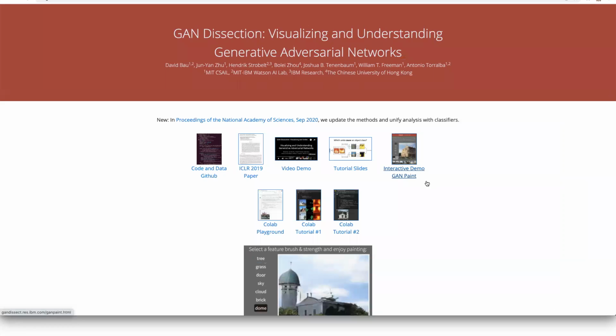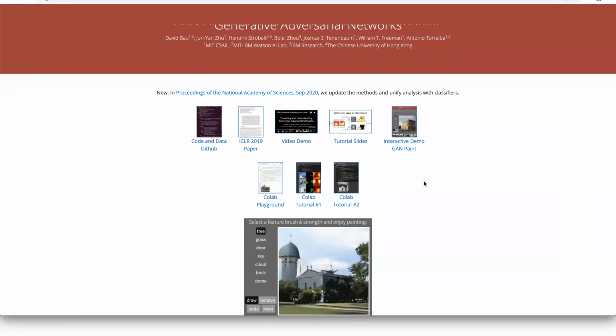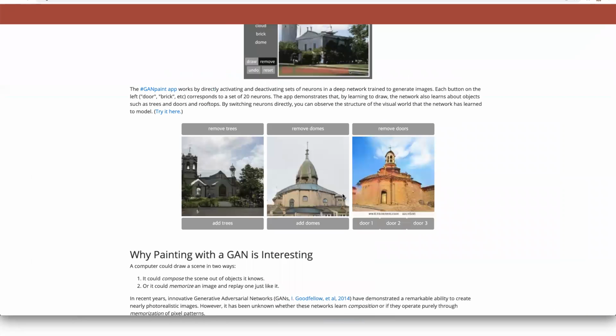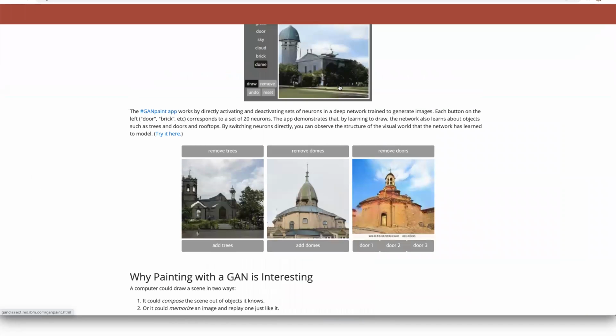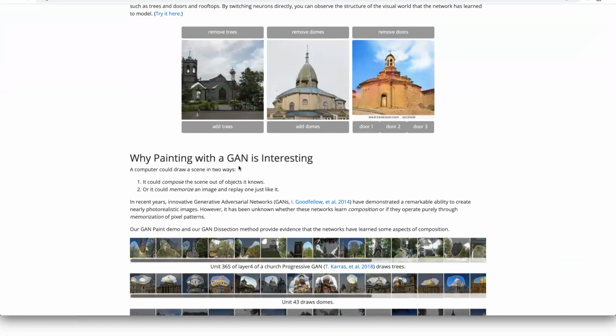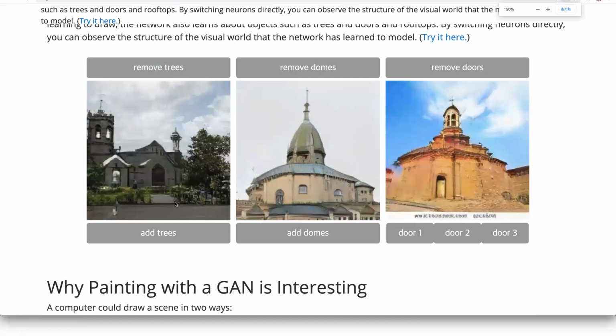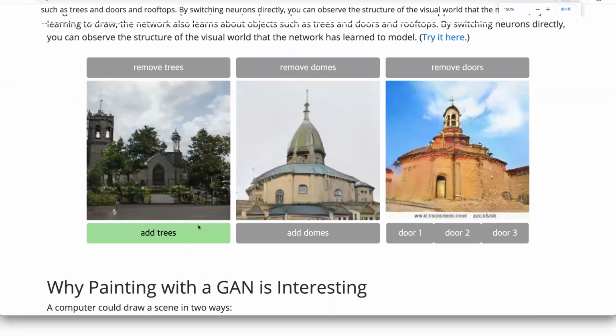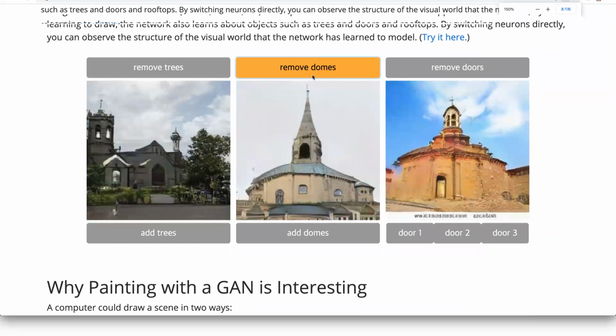So this is the GAN dissection paper in 2019 in ICLR. So yeah, as you can see here, this is a generated image by the pre-trained generator. Then by understanding each unit's semantic meaning, we can do this. We can remove the tree on the generated image, or add more trees, or remove the dome.